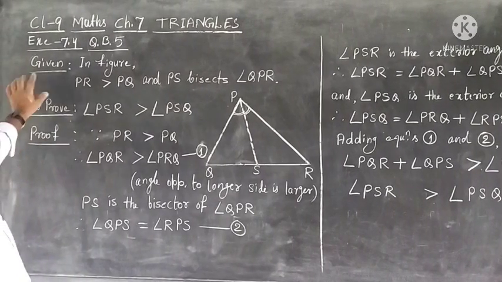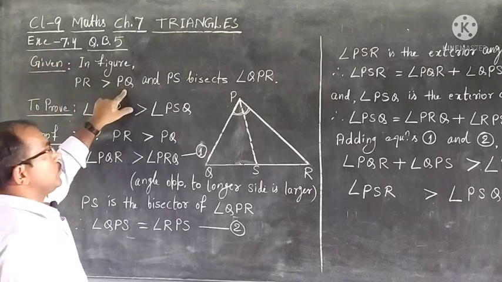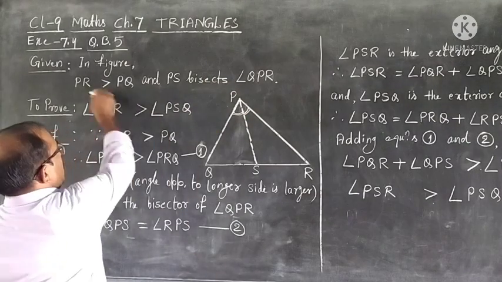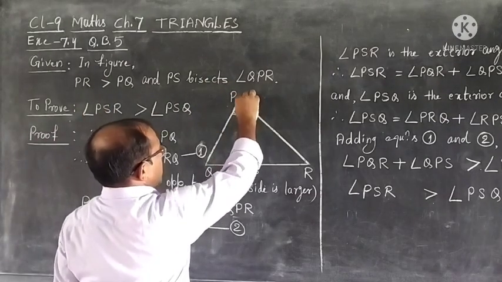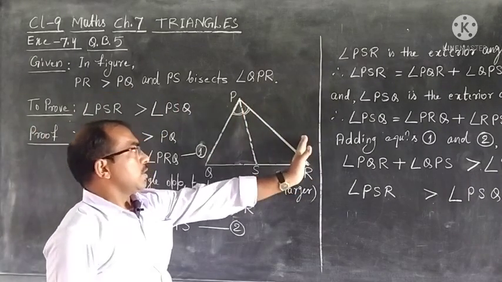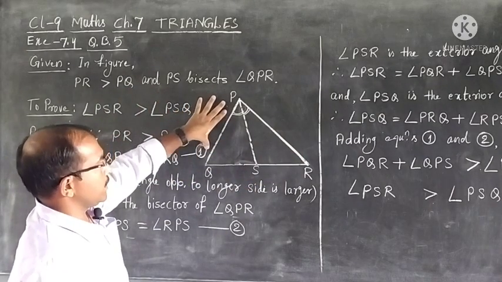Number 5 is now here, given in the figure PR is greater than PQ and PS bisects angle QPR. Let us see, PR is this side, in this triangle PR is the longer side and PQ is the smaller side.